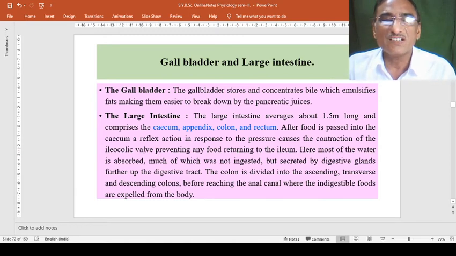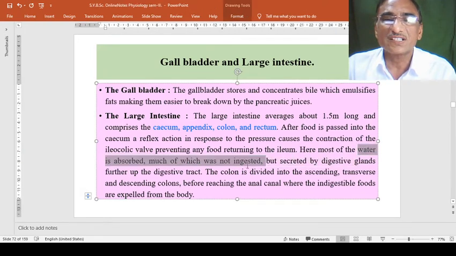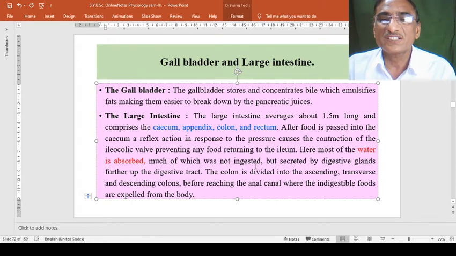Therefore, the valve is here. Here, most of the water is absorbed. As I told you, the most important function carried out in the large intestine is the absorption of water, much of which was not ingested in the food but secreted by digestive glands further up the digestive tract.